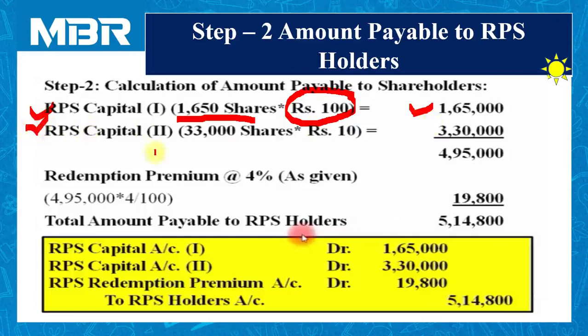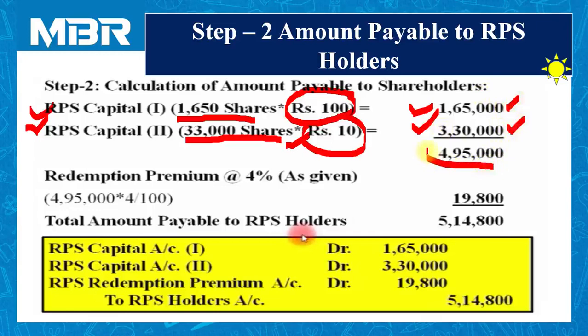RPS 2, 33,000 redeemable preference shares are there, and face value of RPS 2 is rupees 10. So 33,000 multiplied by 10 is equal to 3,30,000 redeemable to RPS capital 2. So 1,65,000 for 1 and 3,30,000 for 2.